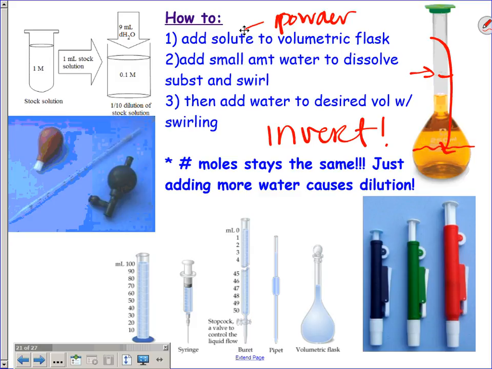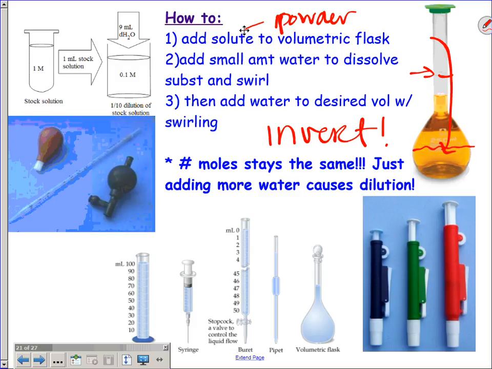You're done. How would you do this same process modified one step if you had to do it from a stock solution to a new diluted version? You just have to use the dilution equation to figure out how much water you need to add and use that much water. No. Don't add water to my stock because then my stock's gone. Right? Take out a little bit of stock and then do it.